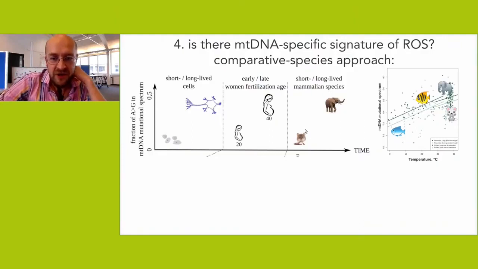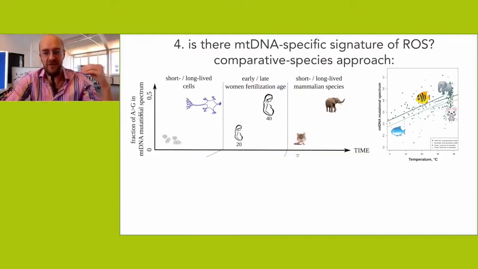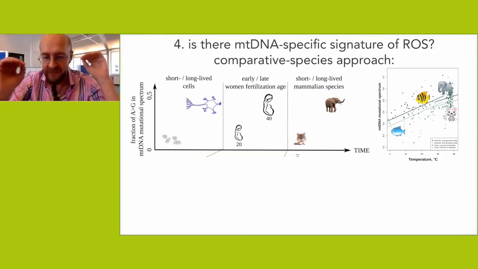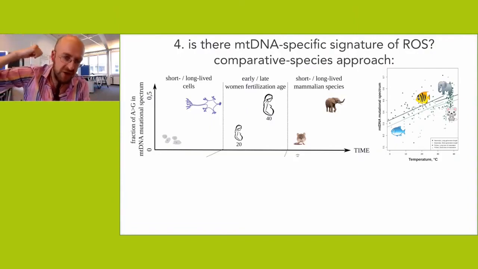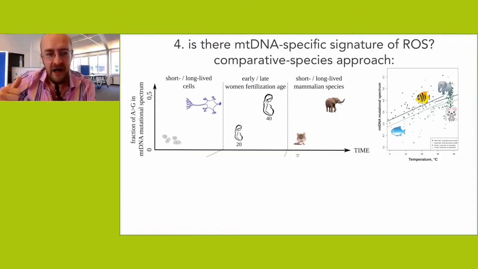We observed that short-lived mammals demonstrate a low fraction of A to G substitution, and long-lived mammals, like the elephant, demonstrate a high fraction of A to G. A to G is the only type of substitution out of 12, and we checked all of them, which demonstrates significant correlation with life history traits. In this case, the life history trait was generation length in mammals, because they really correlate with each other: basal metabolic rate, longevity, number of offspring, etc. They perfectly correlate with each other.